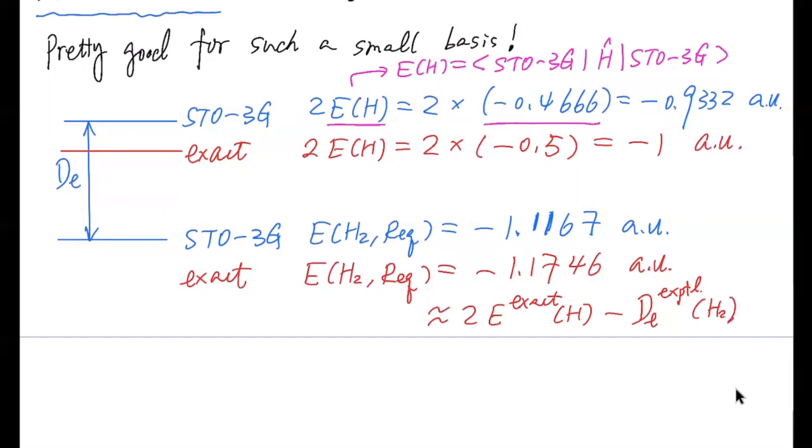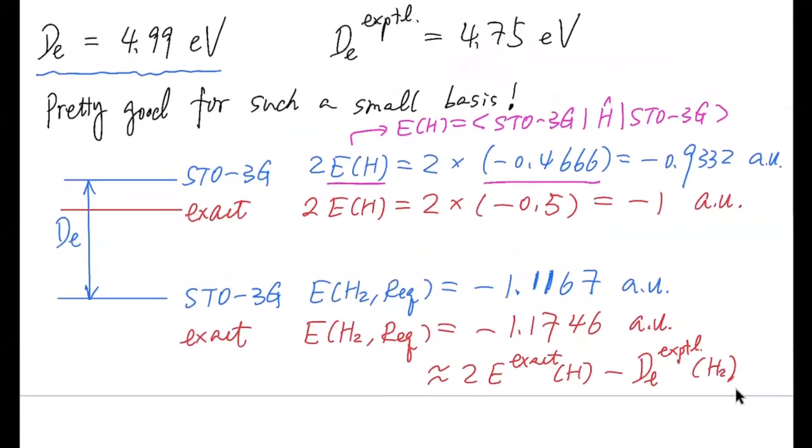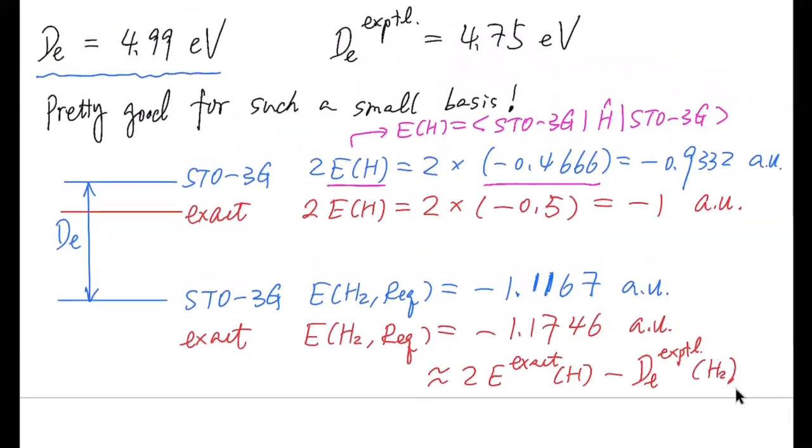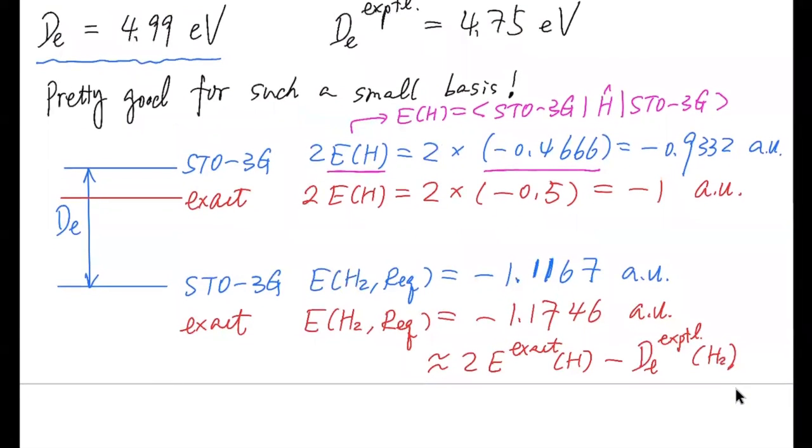Of course, you need to convert that experimental value, 4.75 eV, to atomic unit, okay? Because the energy of the exact hydrogen solution is negative 0.5 atomic unit. And then you will get negative 1.1746 atomic unit, okay?